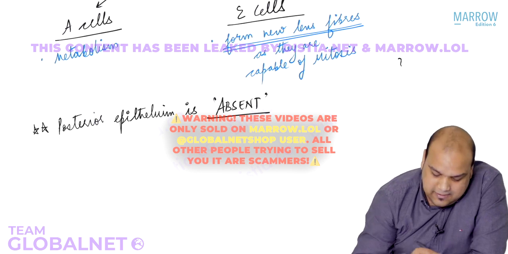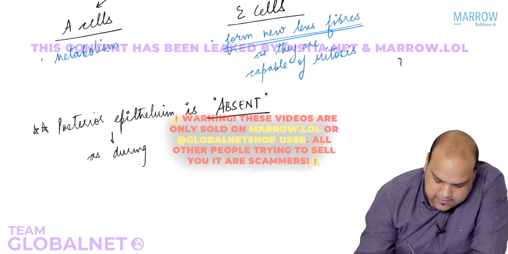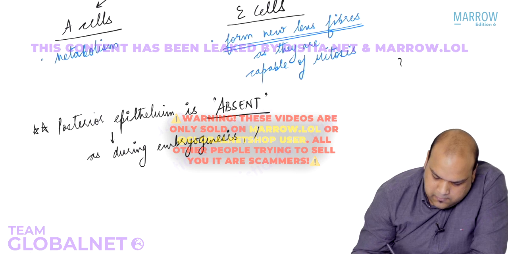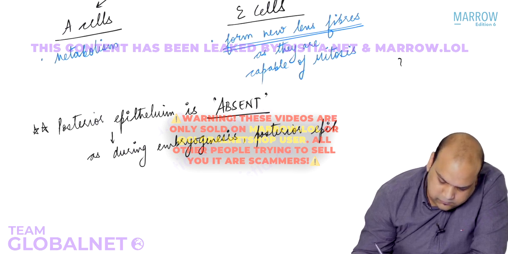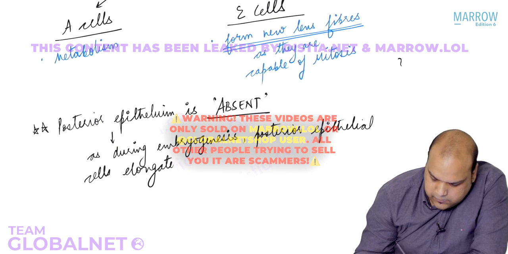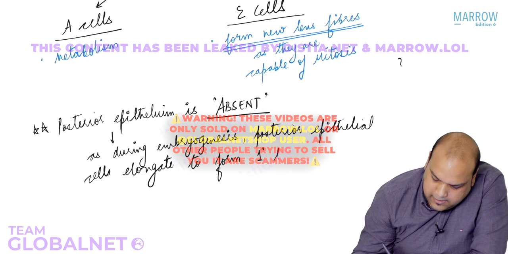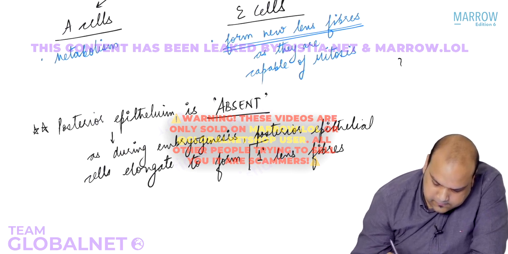Posterior epithelium is absent because during embryogenesis, posterior epithelial cells elongate to form primary lens fibers.